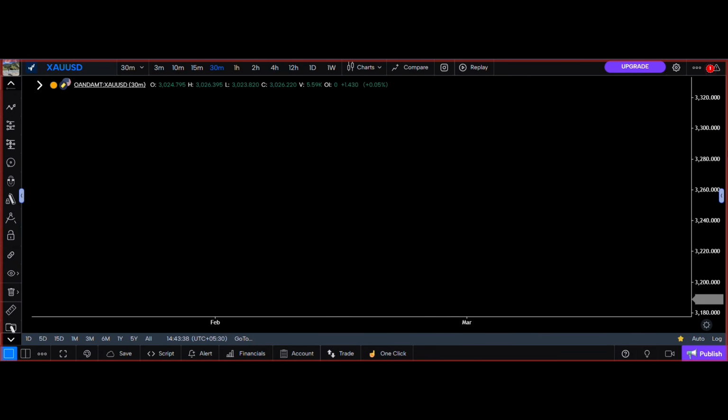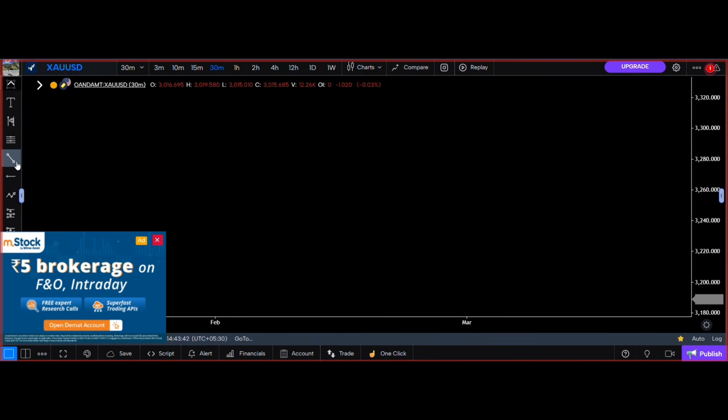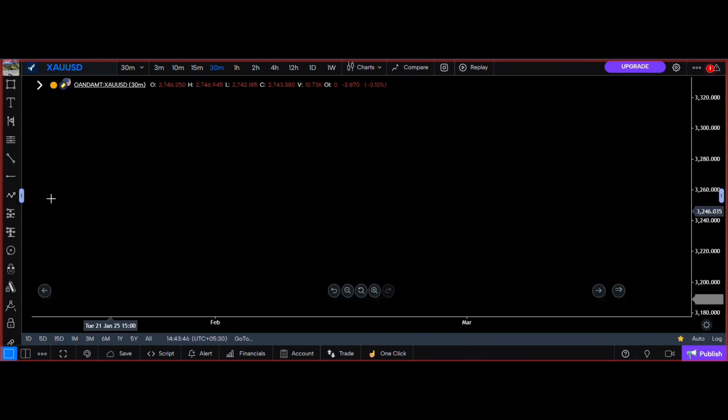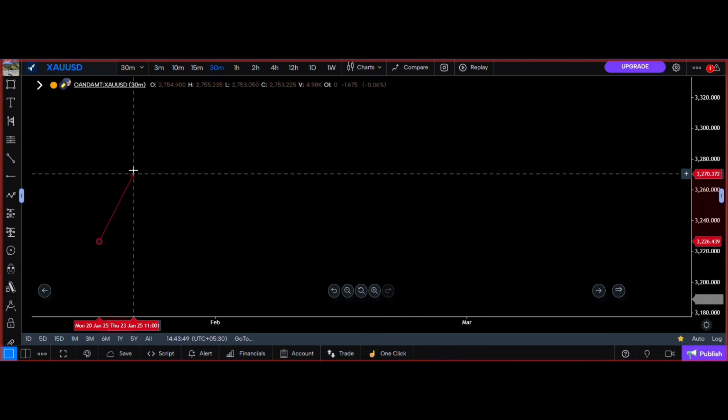I'll draw a diagram showing the bullish move in the 4-hour and daily time frame. This will be the 4-hour and daily time frame.